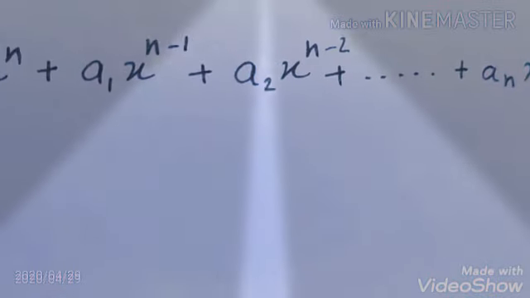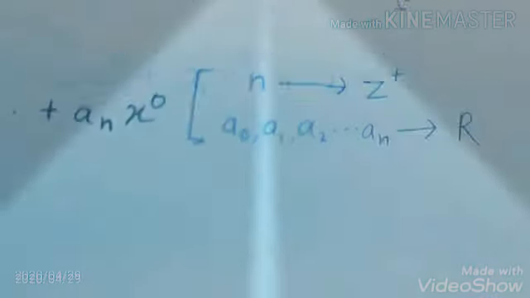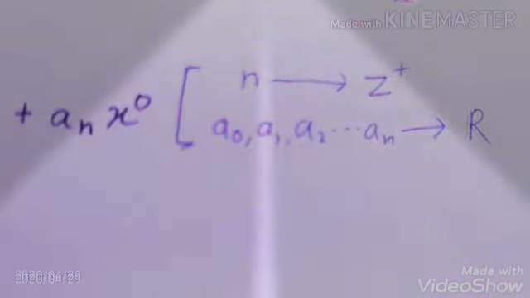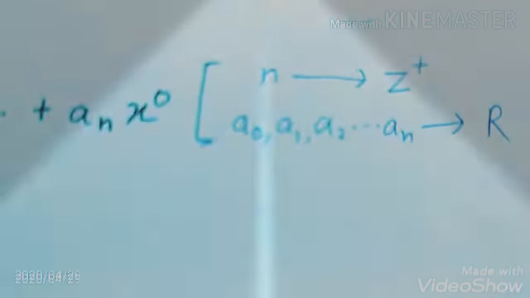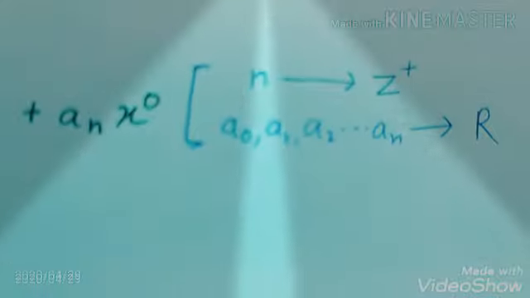So this is the standard form of a polynomial. Here n is a positive integer and a0, a1, a2 up to an are the real numbers.